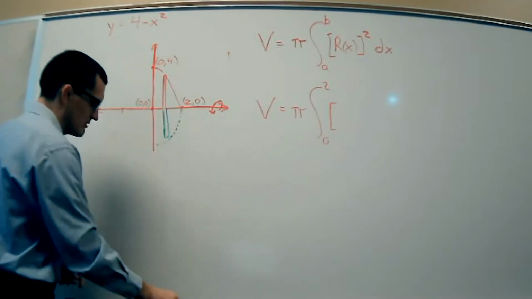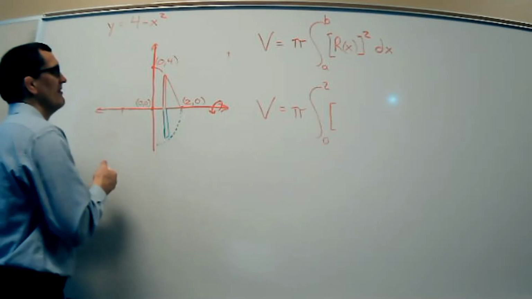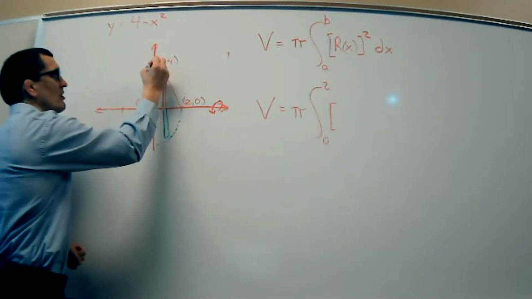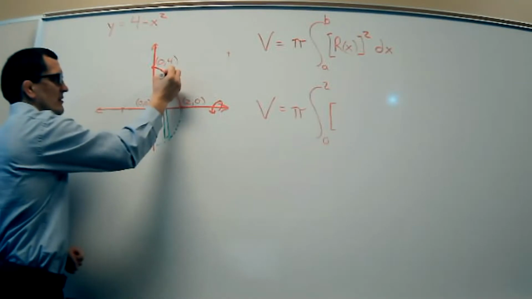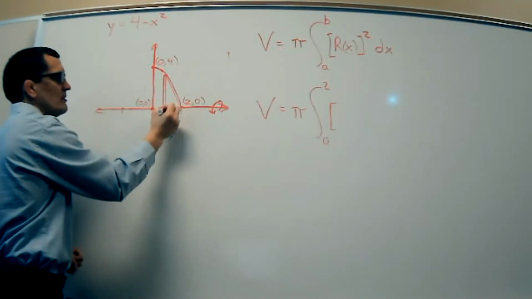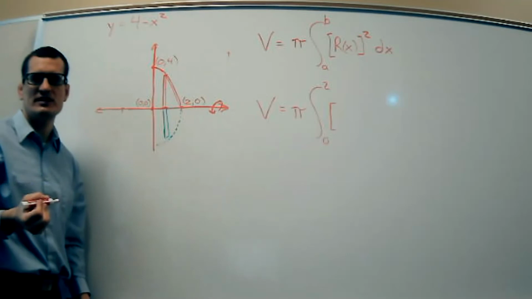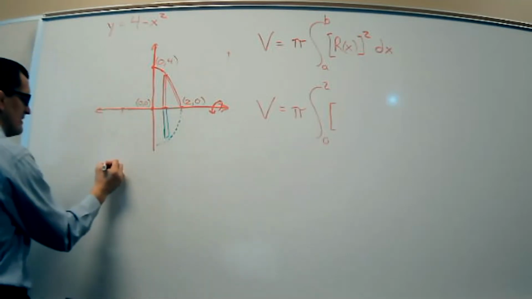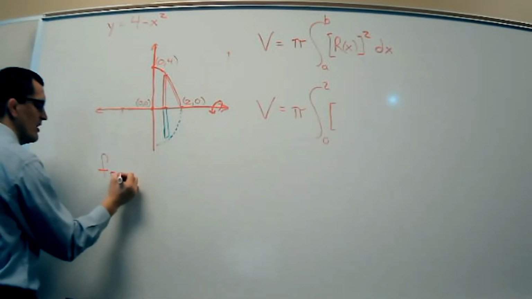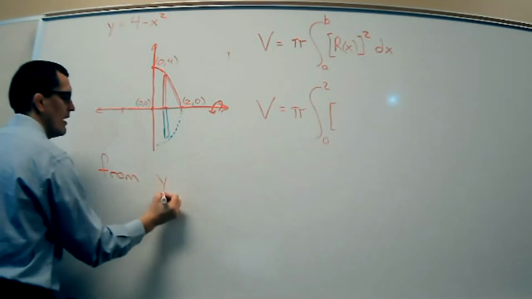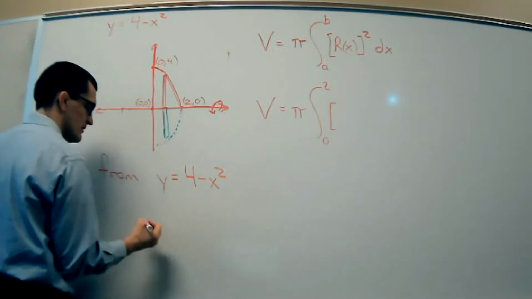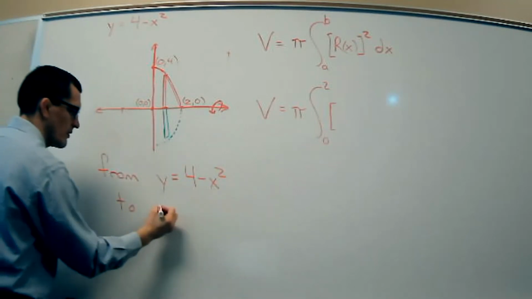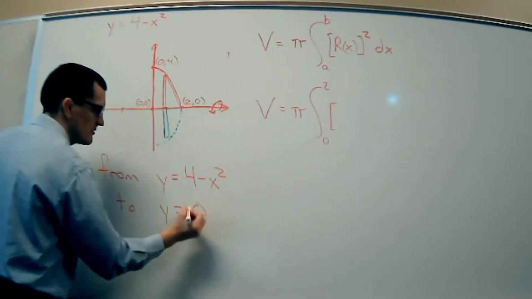Well, the rectangle goes from this top curve, y equals 4 minus x squared, down to the x-axis, y equals 0. So I'll write that we're going from y equals 4 minus x squared to y equals 0.